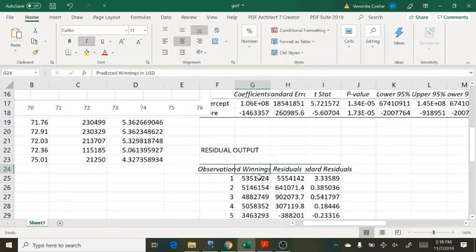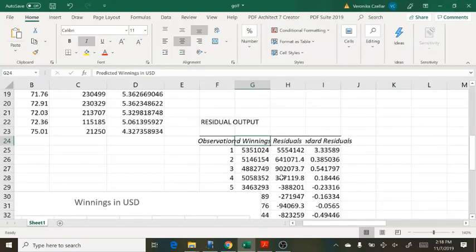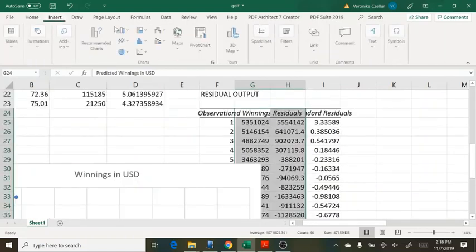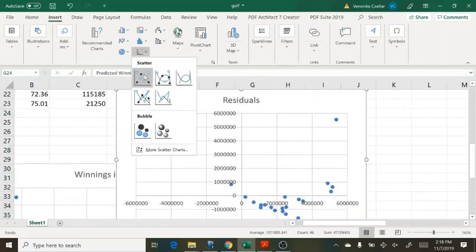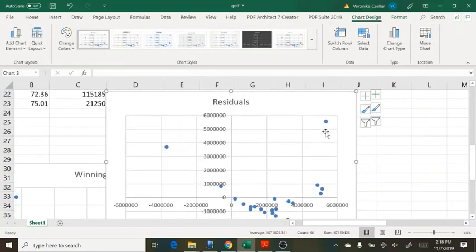Here they are. They are also reported by default in Excel. So I will plot these two. Here you go. This is my so-called diagnostic plot, right? That's my diagnostic plot.